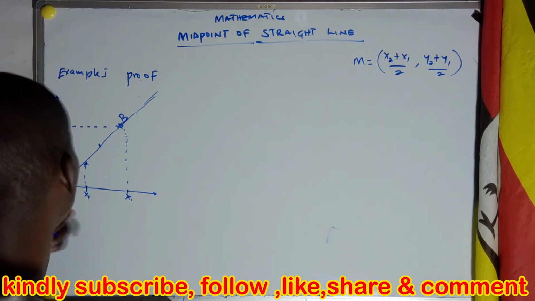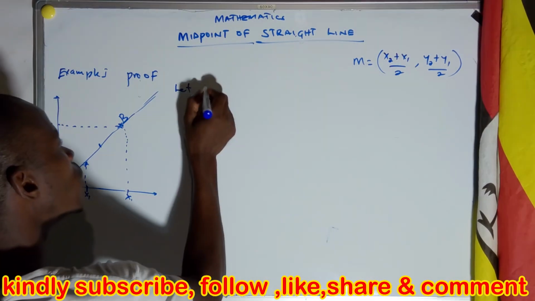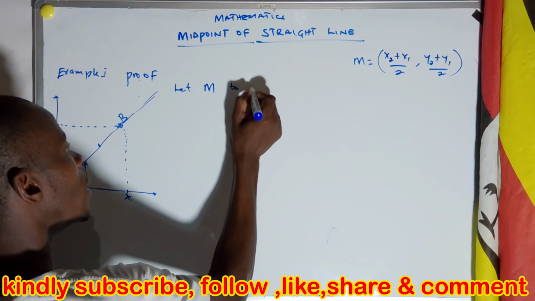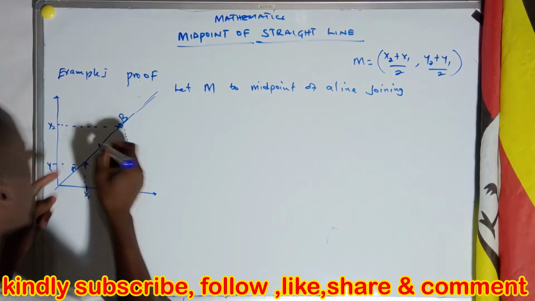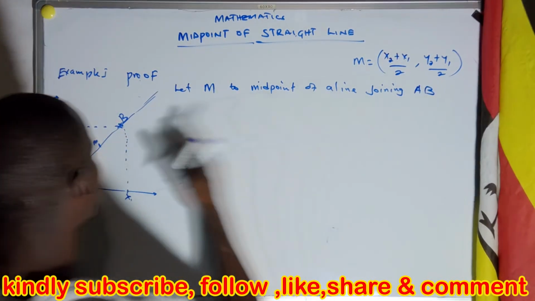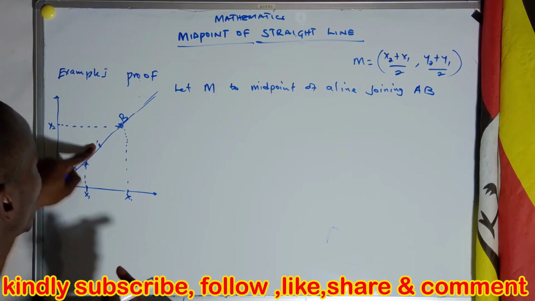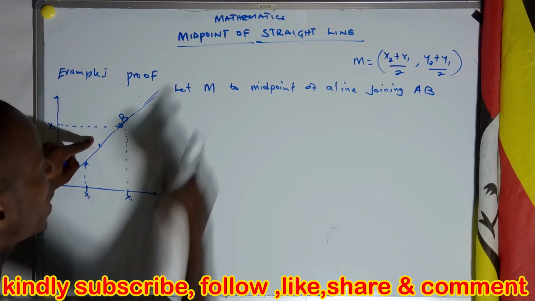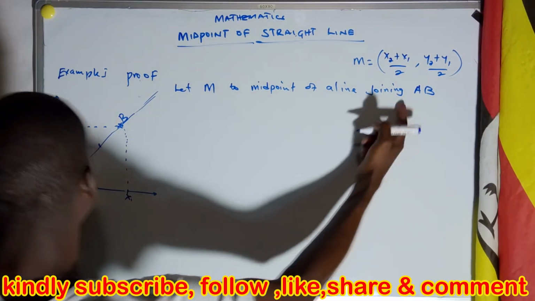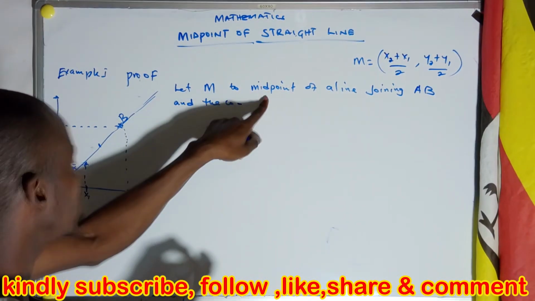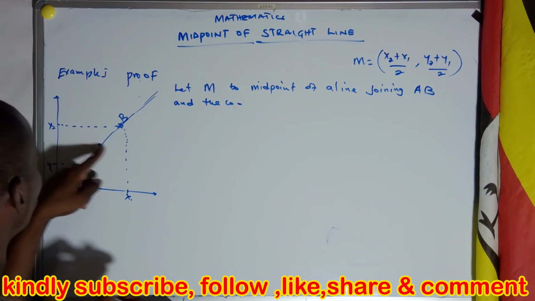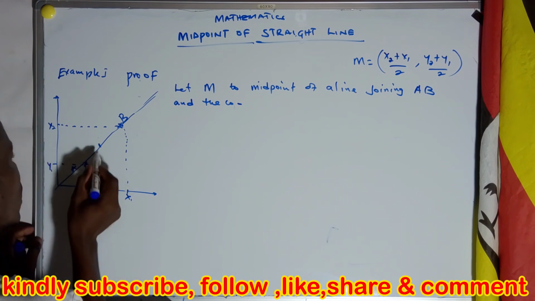So here we are going to do like this. We let M be the midpoint of the line joining AB. This is our AB, and we don't know the coordinates of the midpoint. We let this midpoint be M, joining line AB. How do you know this is a midpoint?